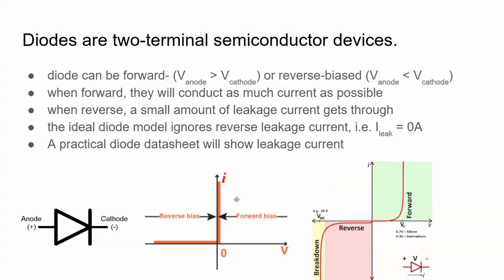And you can see here with the ideal diode current voltage characteristic in the middle picture here. When this voltage is positive, we say it's in forward bias, and you can see that the current just goes off to infinity, which just means that it'll conduct as much current as physically possible there.